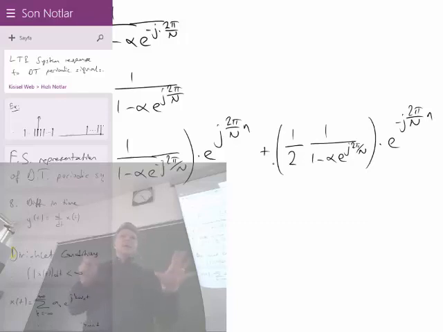For example, if it's a cosine, 1 over 2 and 1 over 2 are conjugate pairs. 1 over 2 complex conjugate is 1 over 2. For the sine, 1 over 2j was one coefficient. What's the complex conjugate of that? Minus 1 over 2j. So for the sine, they are complex conjugates of each other as well. For real sinusoids, it's always the case. These two are always complex conjugates of each other, for the opposite frequencies. This one is for frequency omega is equal to 2 pi over N. The other one is at minus 2 pi over N.